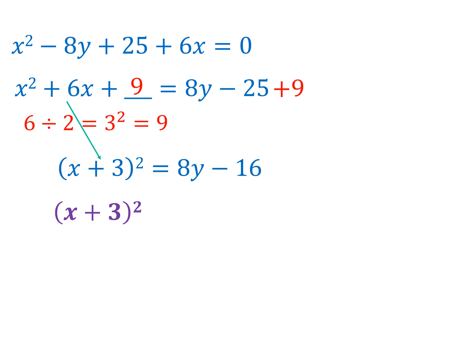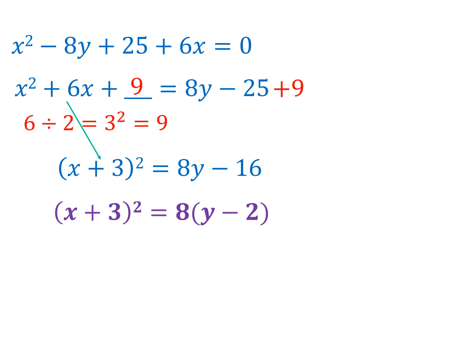So copy the square of x plus 3 equals, and then factor out 8. What's left on y is just y, because 8 is being taken out. And then what's left with negative 16, you divide it by 8, it becomes negative 2. So if you distribute back the 8, it will go back to 8y minus 16.